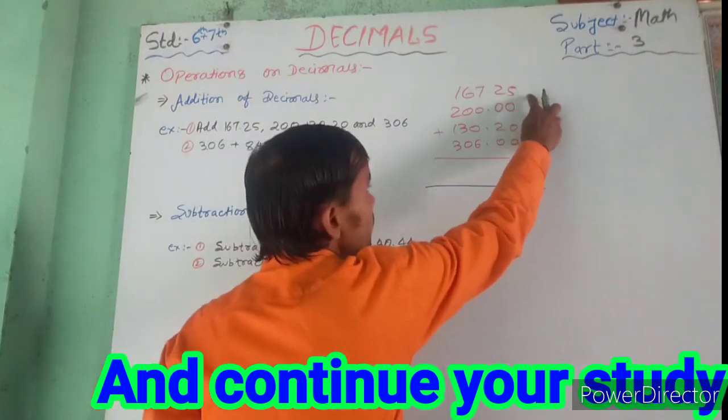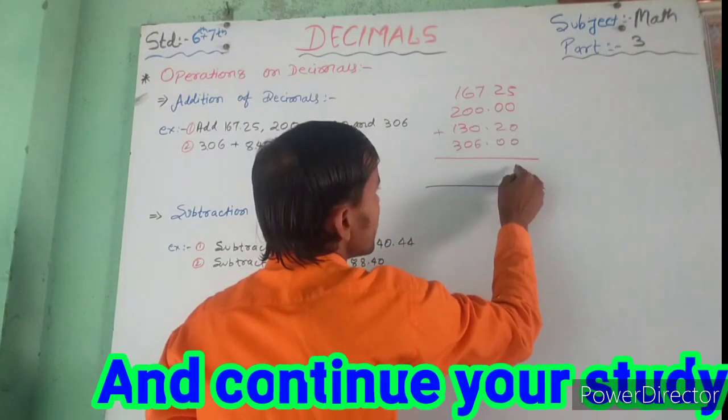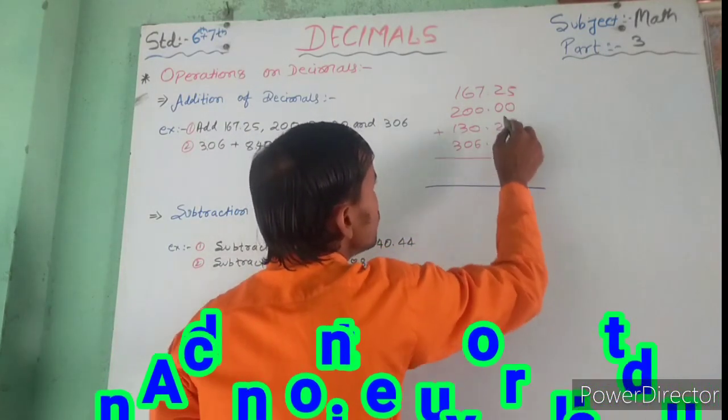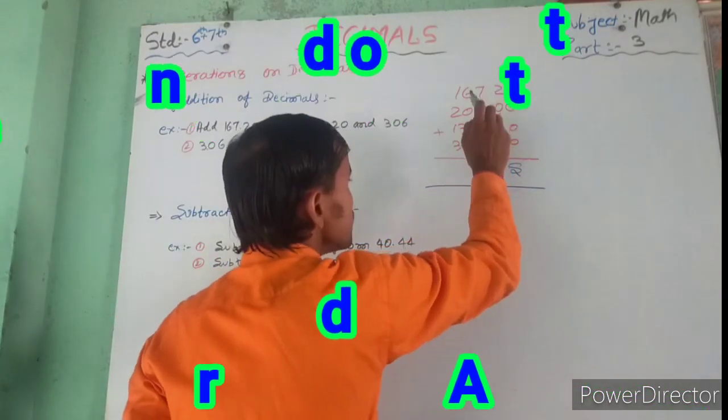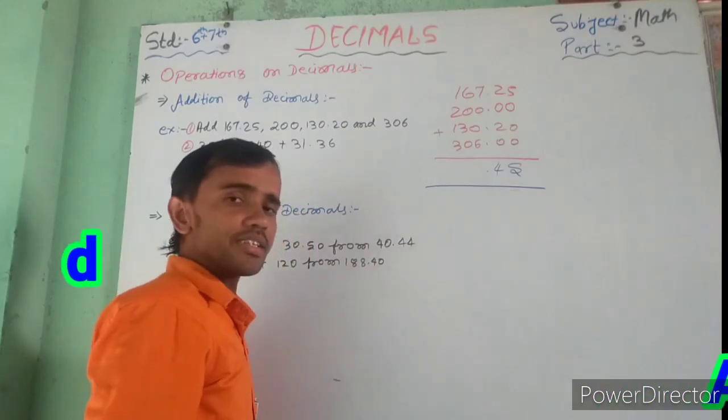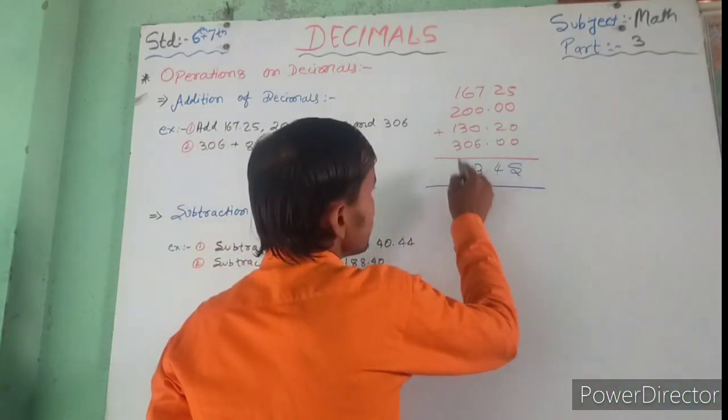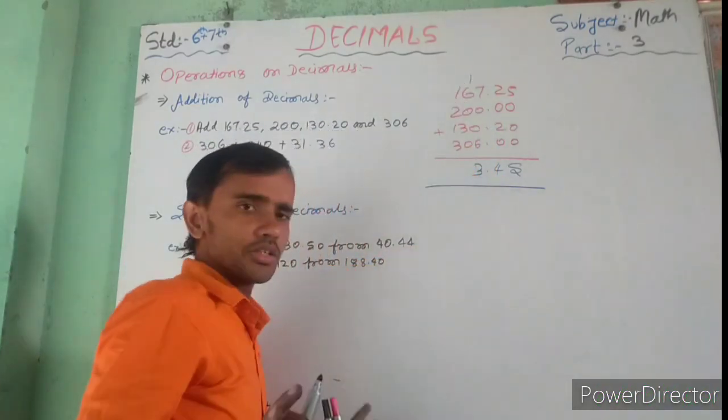Then you write 0, 0, 0 and here 5. Next 2 and 2 is 4, and the decimal point goes here also. Next 7, 0, 0 and 6: 7 and 6 is 13, write 3, carry 1. Is that clear?